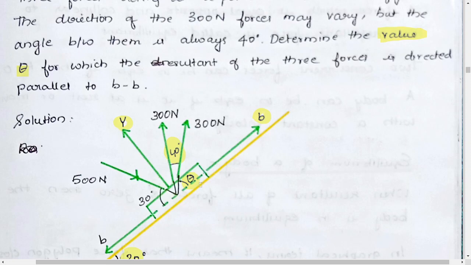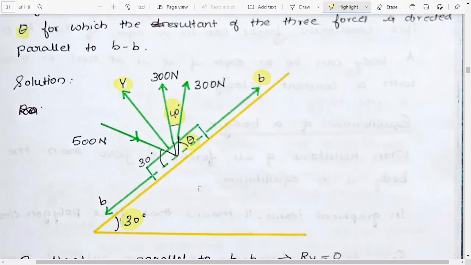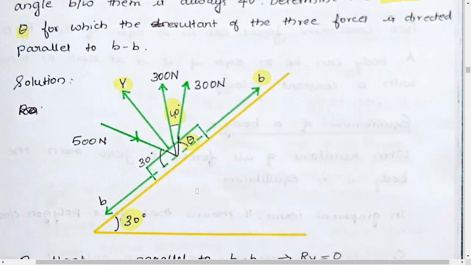Okay. So what will we do here? Just pause this video, think for 5 minutes, come back, and we'll do the problem. First of all, we need to understand that if the resultant of the three forces is directed parallel to BB, that means this is 30 degree.